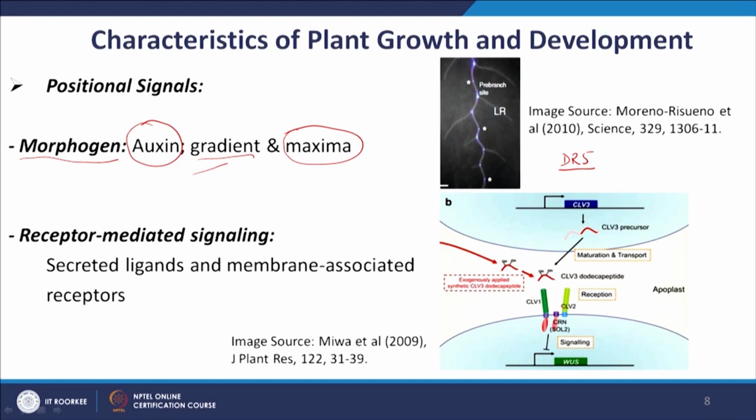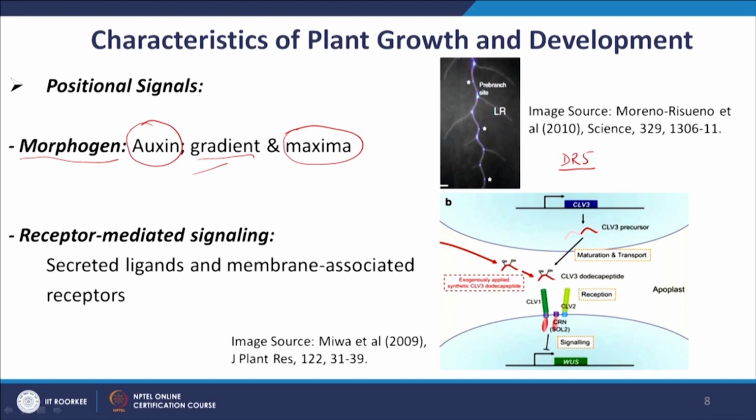It might be activating some set of genetic network, in some of the cells which are competent to give lateral root primordia. So, one mechanism is through morphogens.